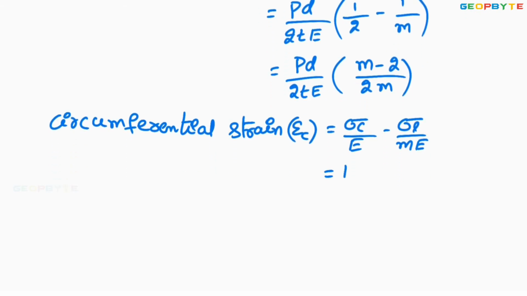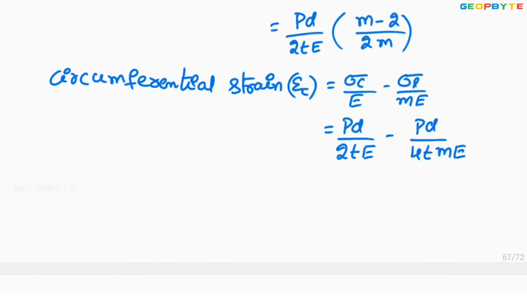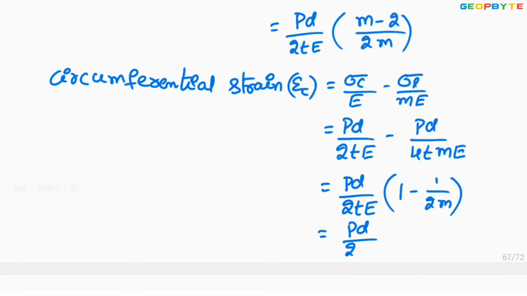Sigma C equals PD by 2T into E minus PD by 4T into mE. You write the PD by 2T outside into 1 minus 1 by 2m. It is equal to PD by 2TE into 2m minus 1 by 2m. This is the circumferential strain. It is also called hoop strain.